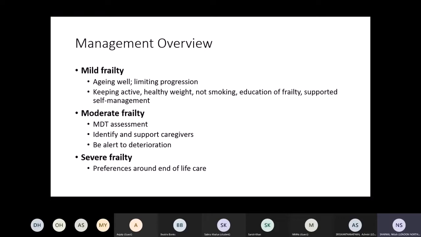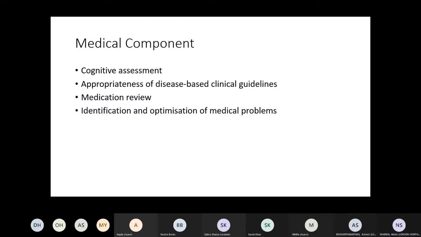Severe frailty would be more of a palliative planning, based on making the patient more comfortable rather than on prognosis. The medical component for frailty would be cognitive assessments and disease-based guidelines, tackling any medical conditions, medication review as we have talked about multiple times, polypharmacy, and identifying any small medical problems like a hearing problem and optimizing them.